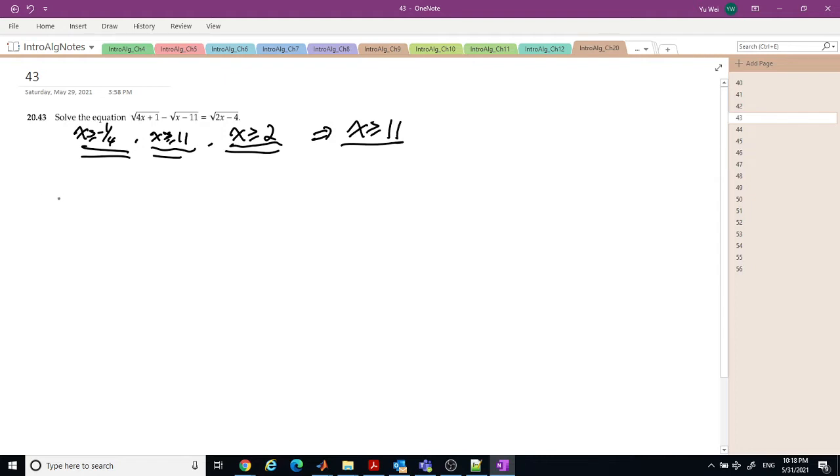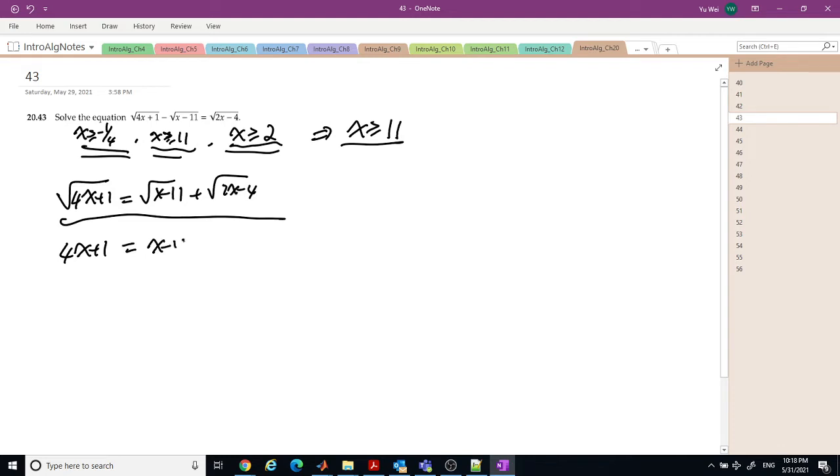Okay, then the next step is 4x plus 1 is equal to x minus 11 plus 2x minus 4, right? Now let's do the square. So 4x plus 1 is equal to x minus 11, then plus 2x minus 4, then plus 2 root of x minus 11 root 2x minus 4.